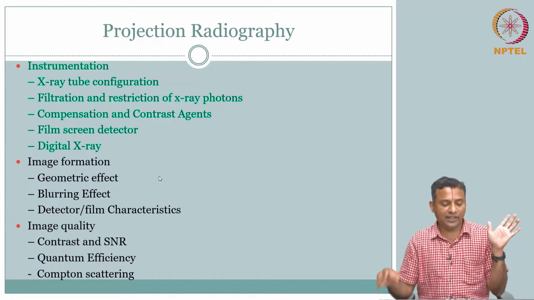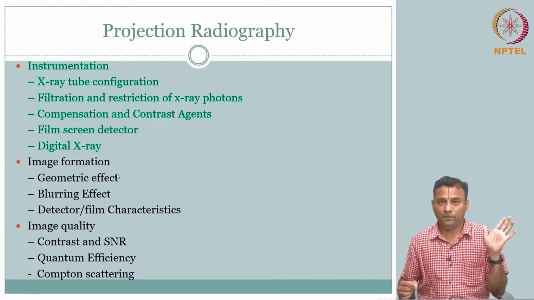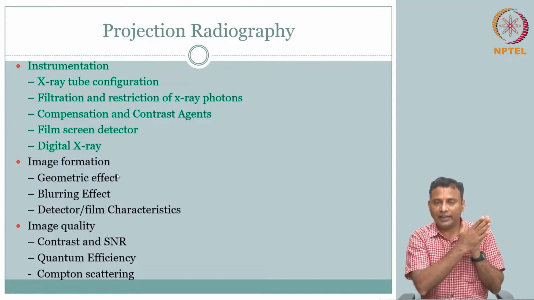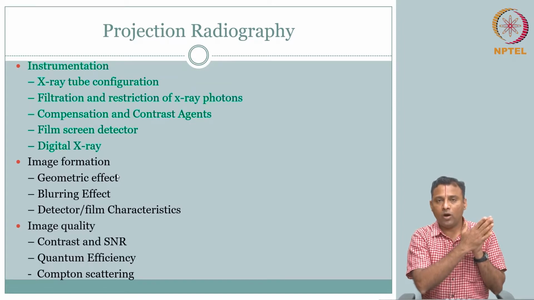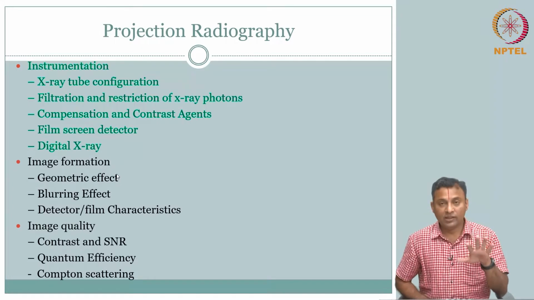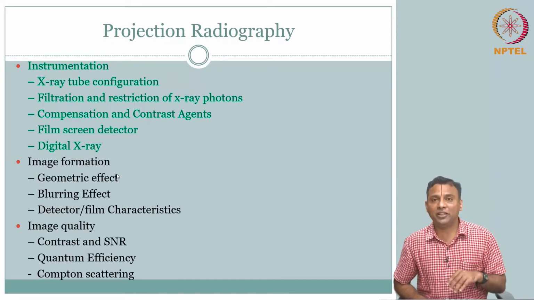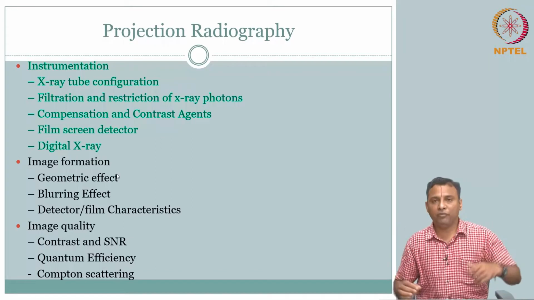Now the question is, when I talk about image formation, how can we manipulate the instrumentation so that whatever we get on the image as the output, how does this influence what we see. In projection radiography, because the film is formed, you just have to develop it and view it.